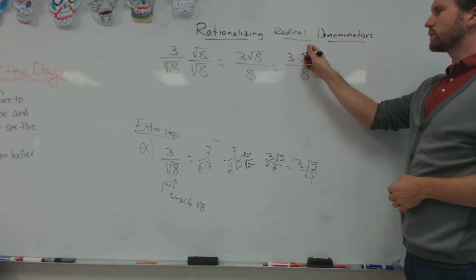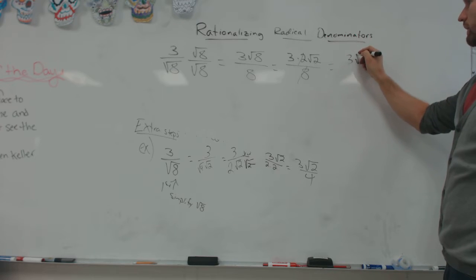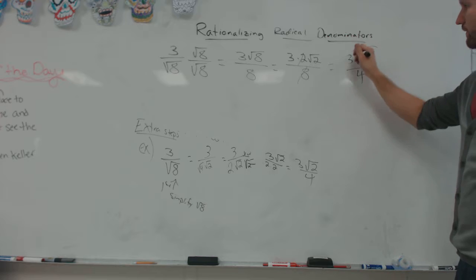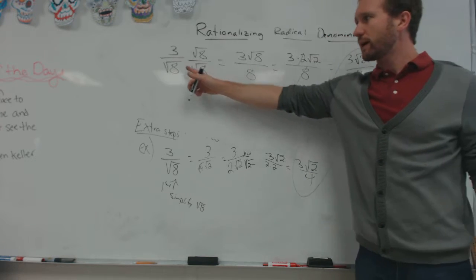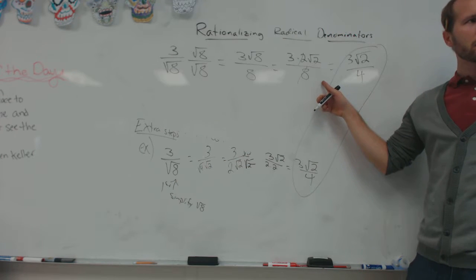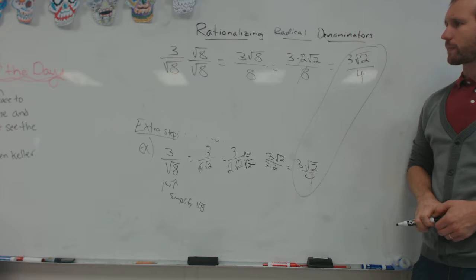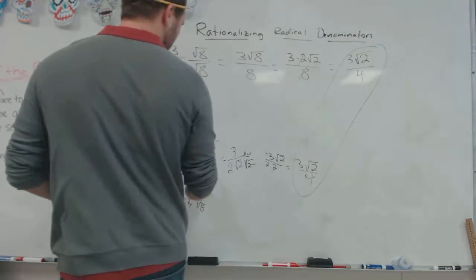Then I would have had to reduce my fraction, giving me 3 times the square root of 2 over 4. So eventually I would have gotten the same answer if I hadn't simplified at the beginning. But I think this is maybe one extra step. Feels like an extra step to me compared to this one.